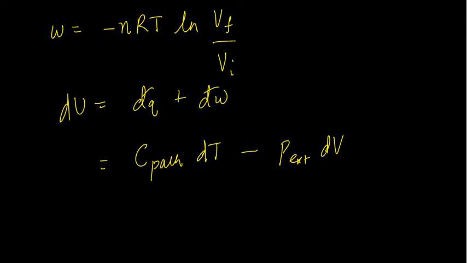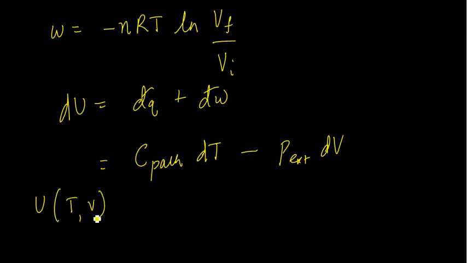Now, how we get into that is, let's write U. If you see, U depends on two variables, temperature and volume, right? So U definitely is a function of these two variables.